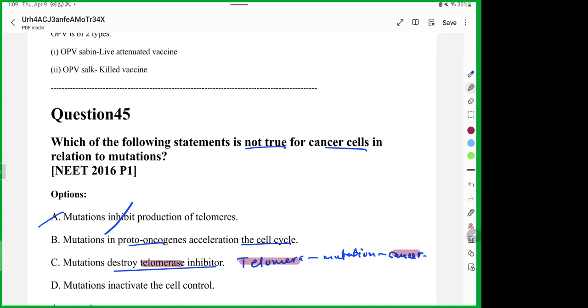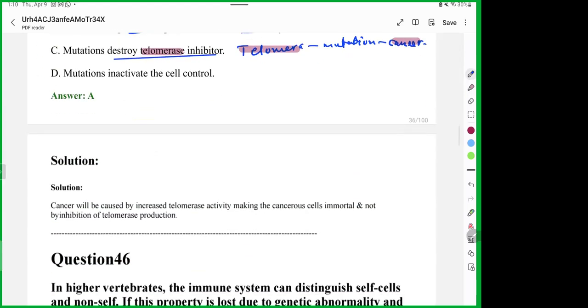As simple as that. Telomerase, cancer. So if you understand this, automatically the first option is wrong, because mutation is increasing telomerase. It is not inhibiting, right? I know in this case you need understanding. That's why I explained it better than others.